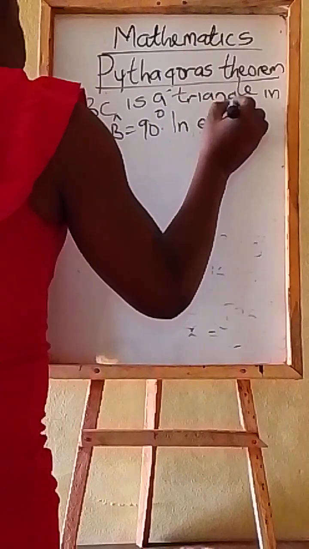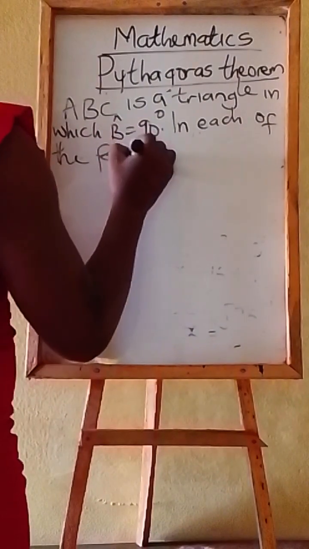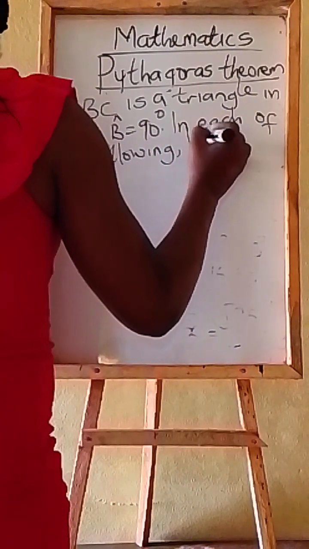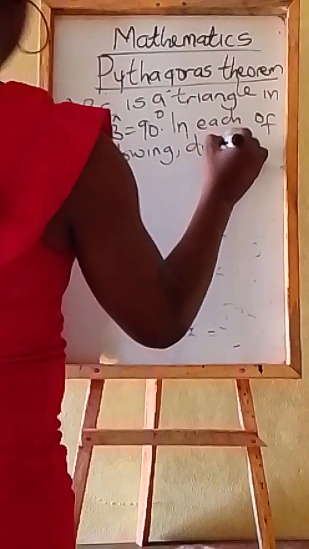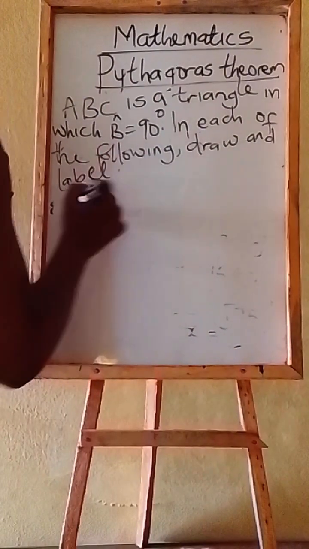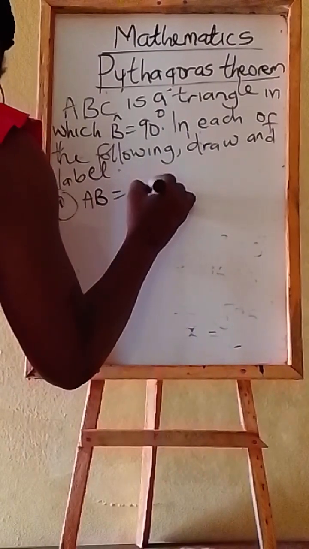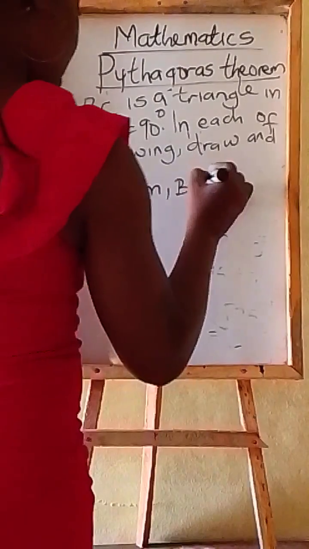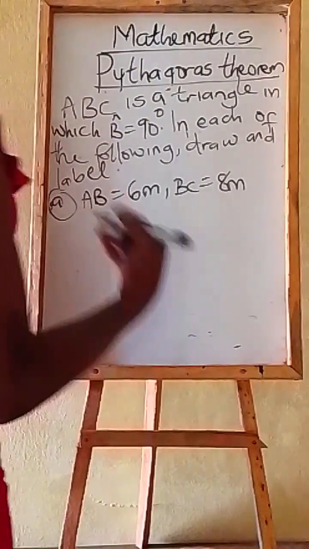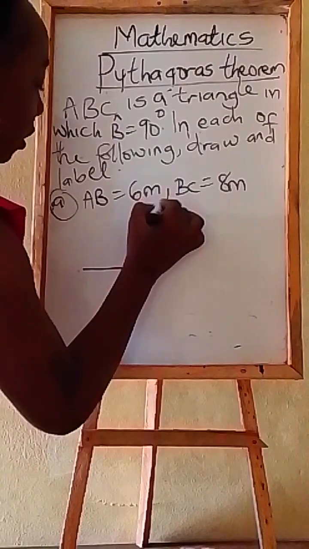In each of the following, we will draw and label the sides. We have AB equals 6 m, BC equals 8 m.